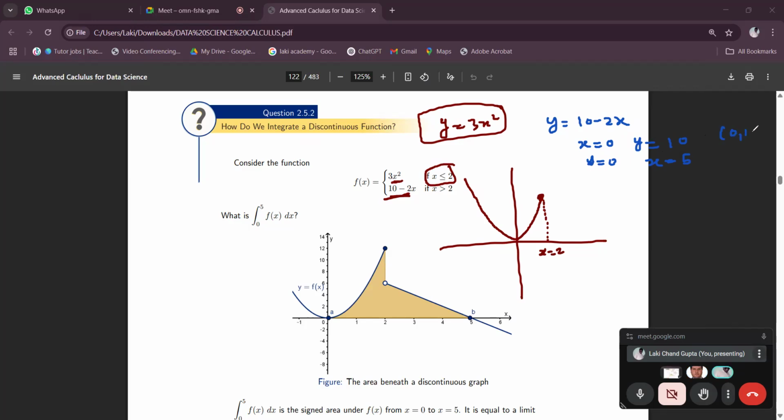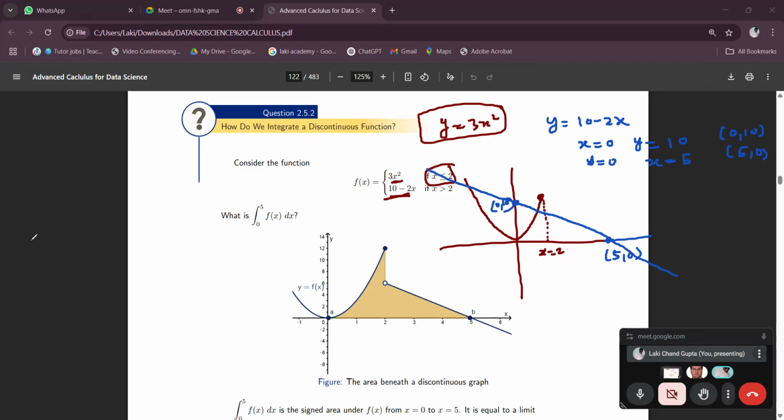So the points are 0, comma 10 and 5, comma 0. When you join these 2 points, you will get a line, right?